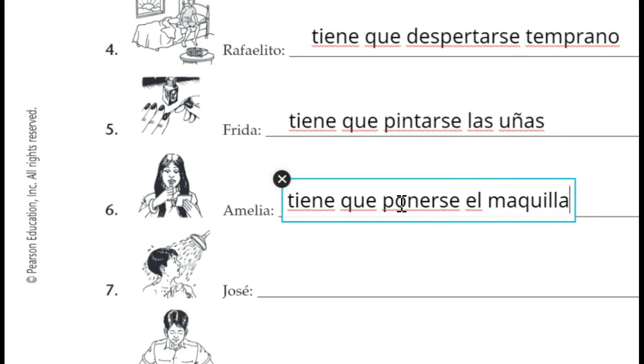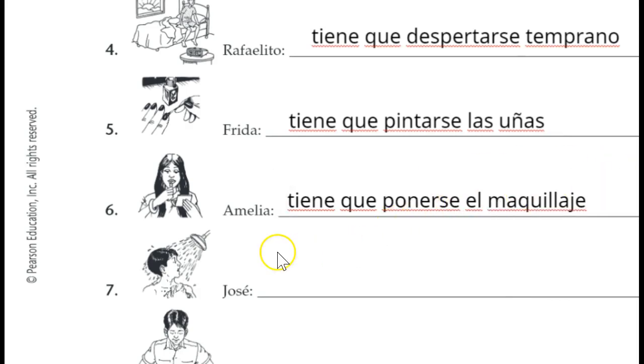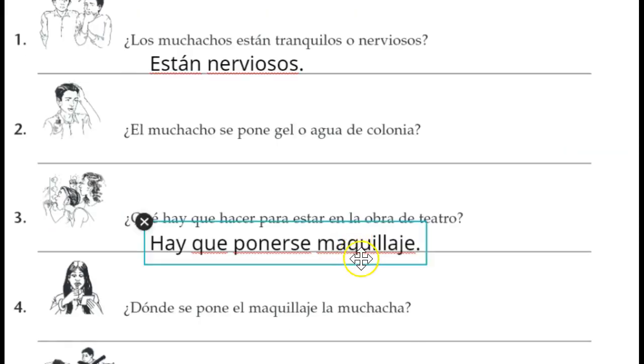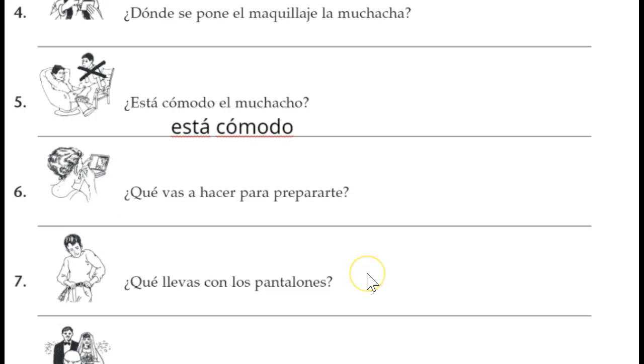She has to put on makeup. Tiene que ponerse el maquillaje. So, prepararse o pintarse could also be used there. Okay. I think I'll let you do the other ones.